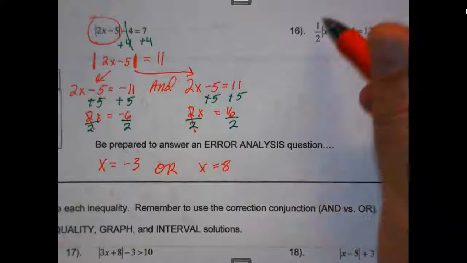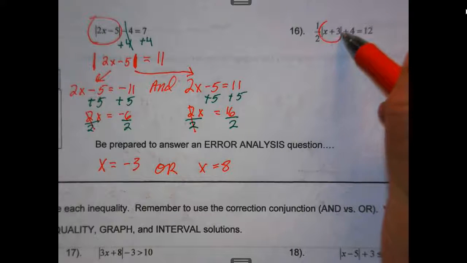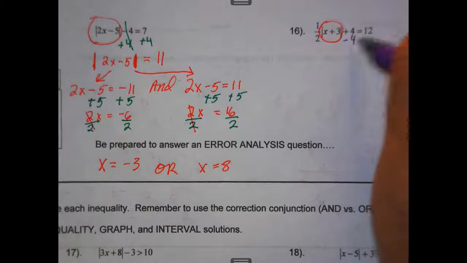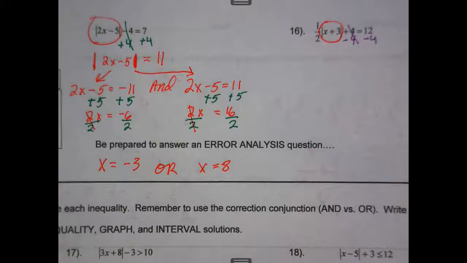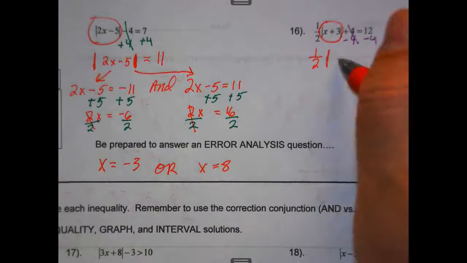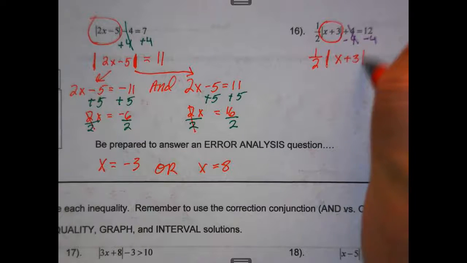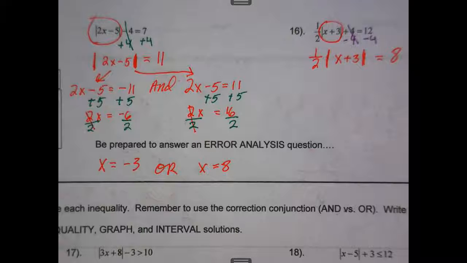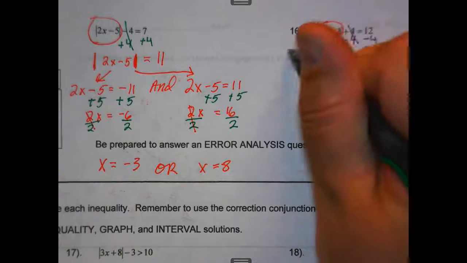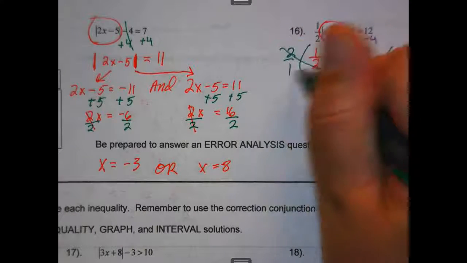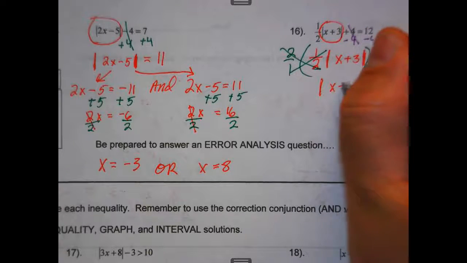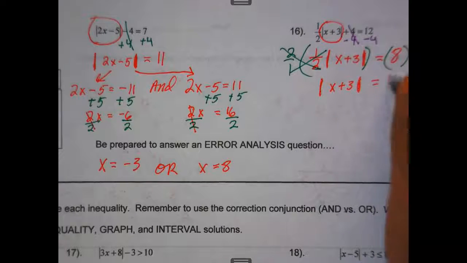Number 16, I have to get the absolute value by itself first. So I'm going to subtract 4 from both sides. 1/2 times the absolute value of x plus 3 equals 8. Multiply both sides by the denominator, 2. So I get the absolute value of x plus 3 equals 16.